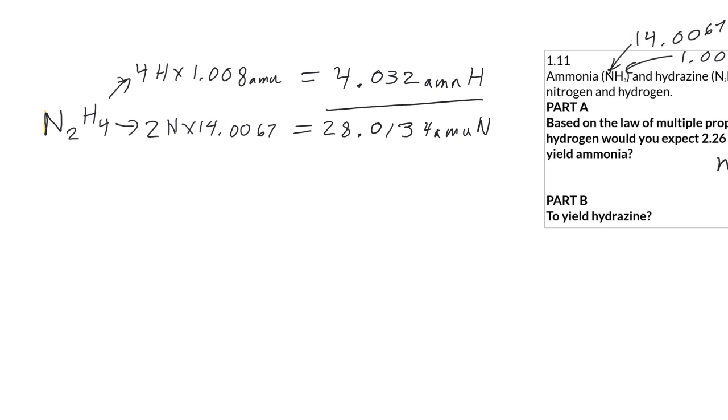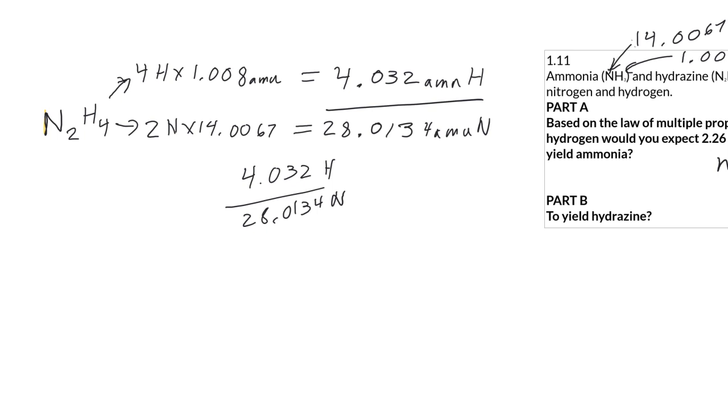So that's my ratio. My ratio would be 4.032 hydrogen for every 28.0134 nitrogen in terms of mass. That's my ratio in terms of mass.